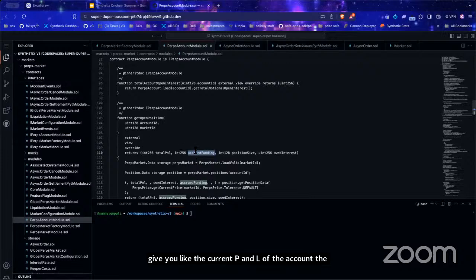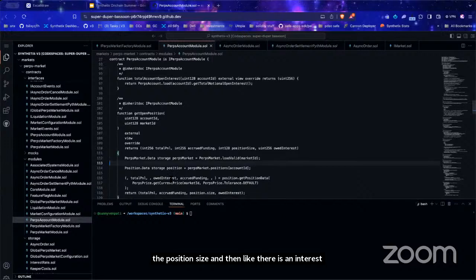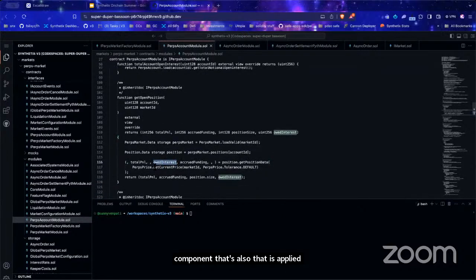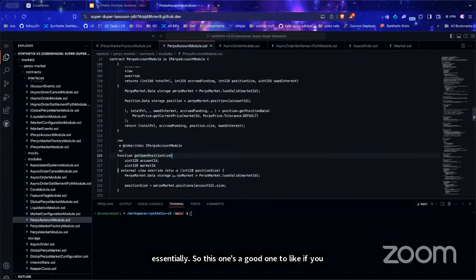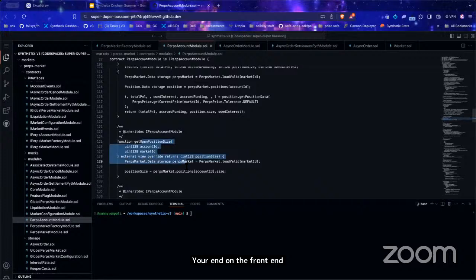It can be positive or negative depending on what side of the skew they're on. It also gives the position size, and there's an interest component that is applied to your P&L. So the total P&L includes all of these other values. This one's a good one if you wanted to display anything on your front end. Get open position size.